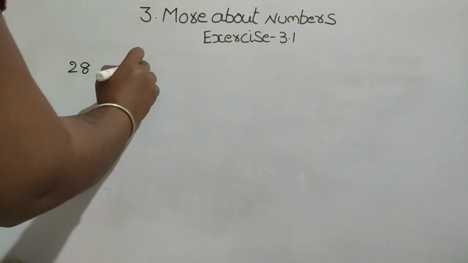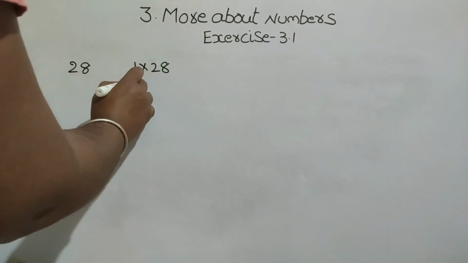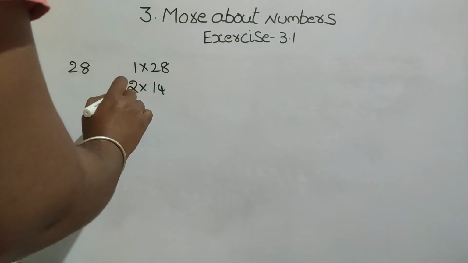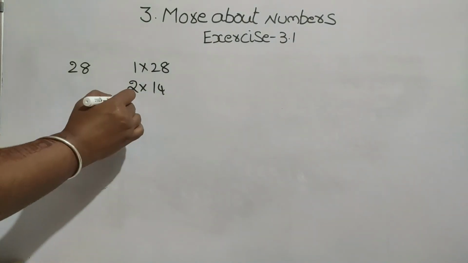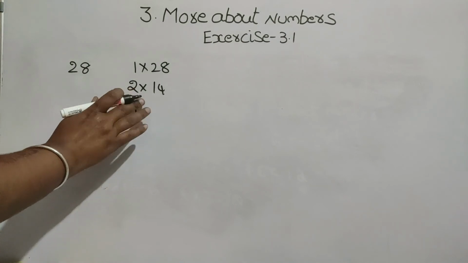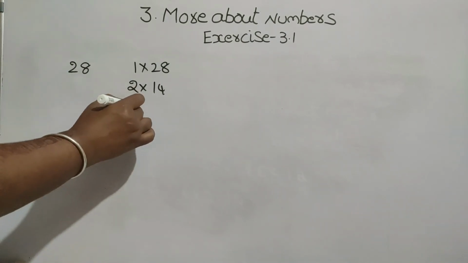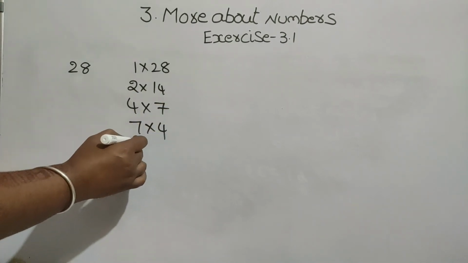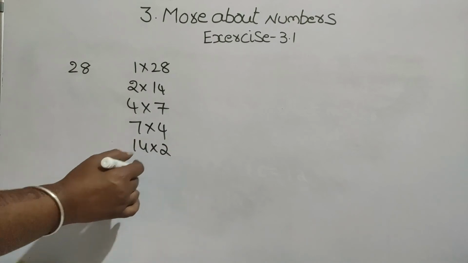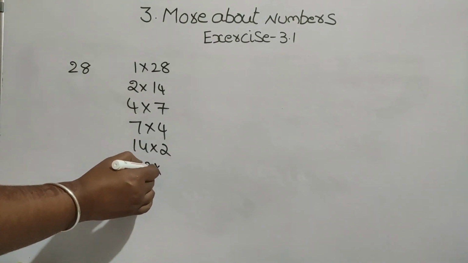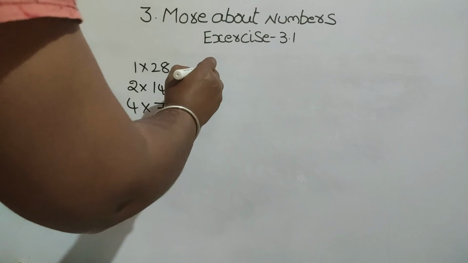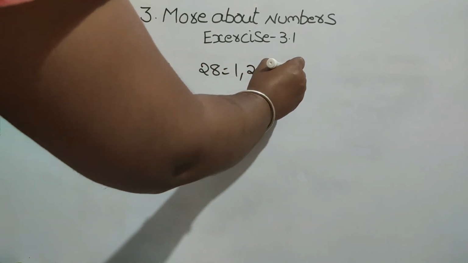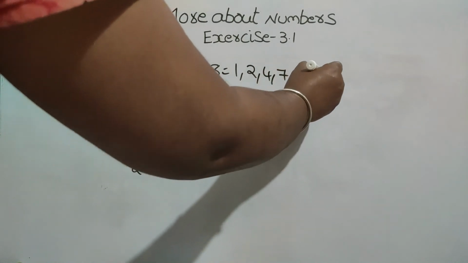The factors of 28: 1 28 is 28, 2 14s are 28, 3 will not go, 4 7s are 28, 7 4s are 28, 14 2s are 28, 28 1s are 28. So 28 has factors 1, 2, 4, 7, 14 and 28.